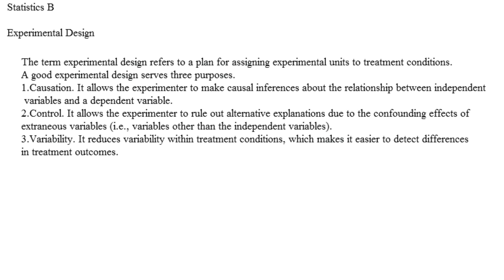You want to look for causation in the experiment, you want to have control, and you want to have variability. Okay. Just to be able to explain, even though I have a bunch of different random people here, that helps with detecting whether or not this medication is good. Okay, that's it for the introduction to experimental design.